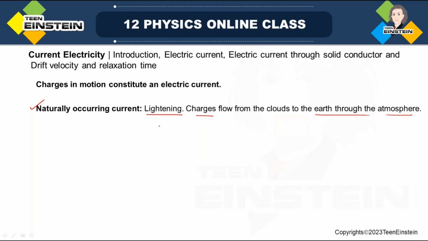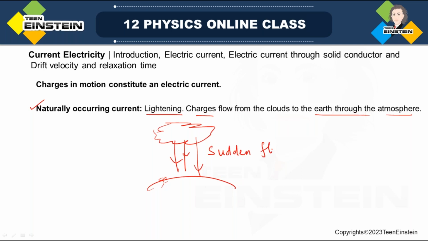No, we cannot use this kind of current in household devices, because from the cloud suddenly a huge amount of charge will flow to the earth. This is a sudden or unsteady flow.